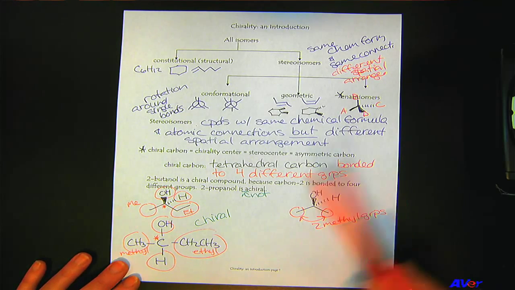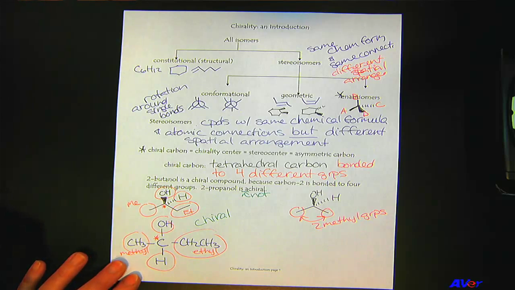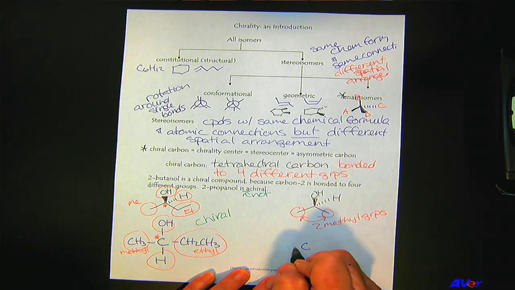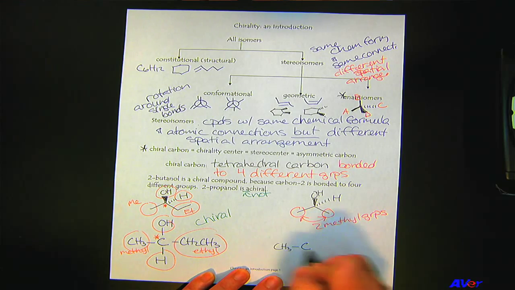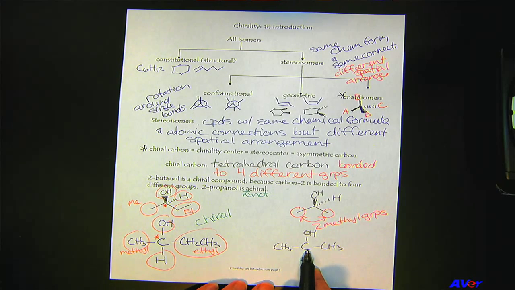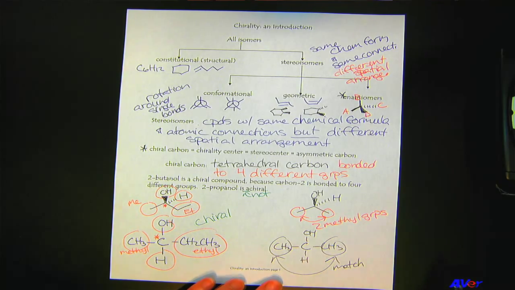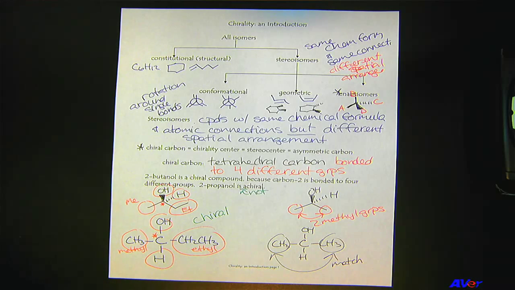So remember that it has to be 4 different groups. So when we draw out isopropanol, there's our methyl groups, right? So this is not chiral because these match. Okay, so that is the first thing we need to do, is look at the definition of what chirality is.